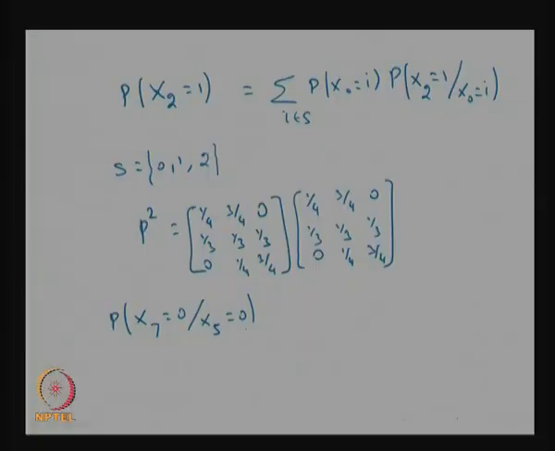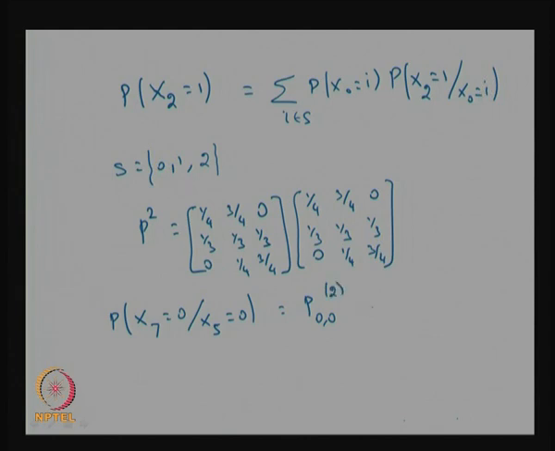This is the same as the probability that the system is in the state 0 in the seventh step, given that the system was in the state 0 in the fifth step. That is the same as the probability of 0 to 0 in 2 steps.